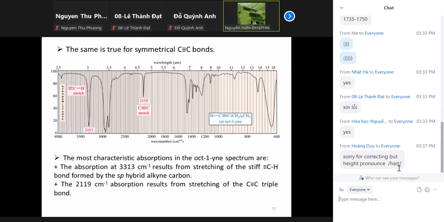And the second is also sharp and weak, at about 2,120. And the first one, I'm sorry, this one, is quite strong. And the second is for the CC triple bond.